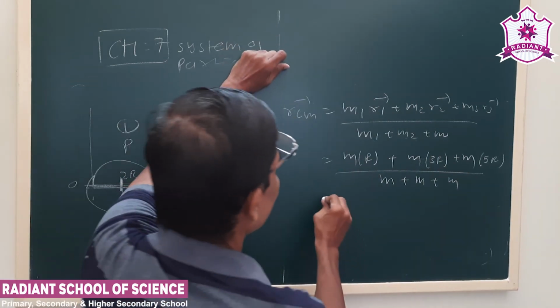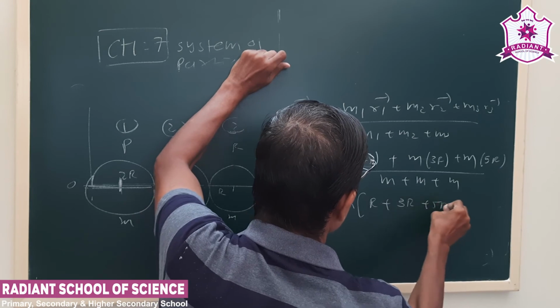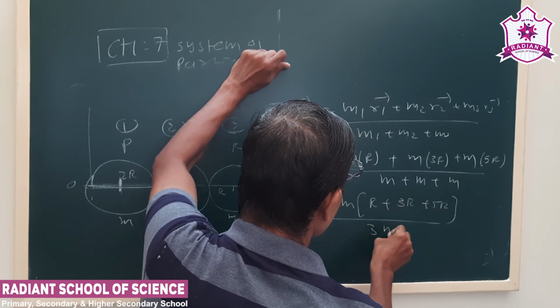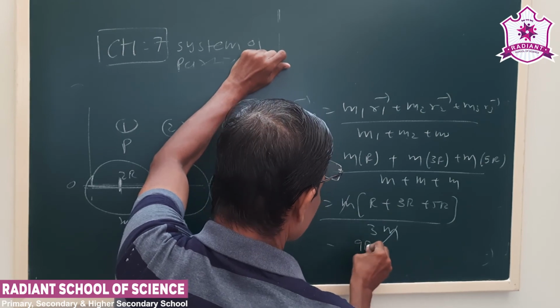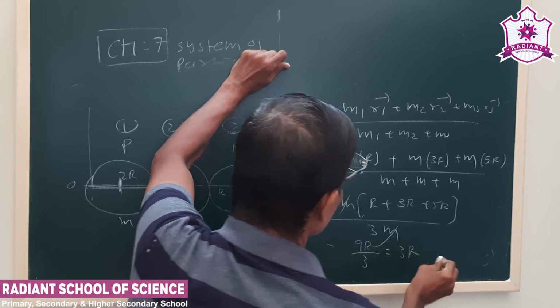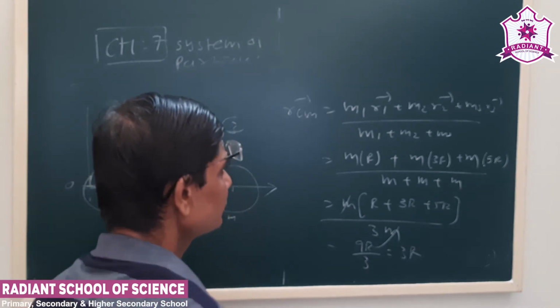Now m we can take common, r plus 3r plus 5r, and here will be 3m. 5 plus 3, 8 plus 1, 9r. So the center of mass will be at 3r distance from this.